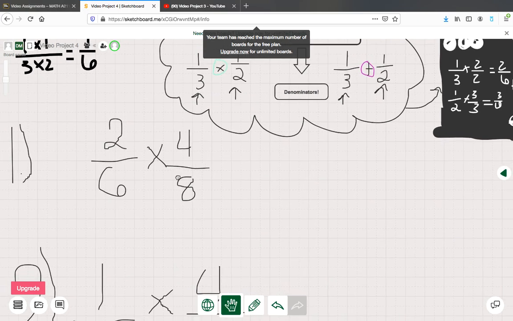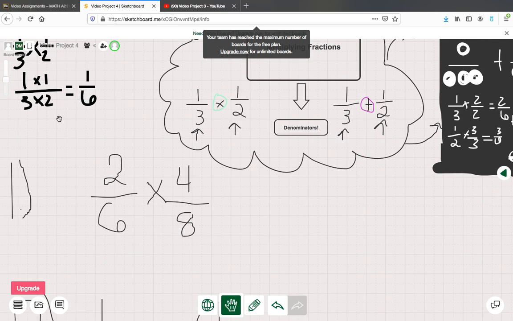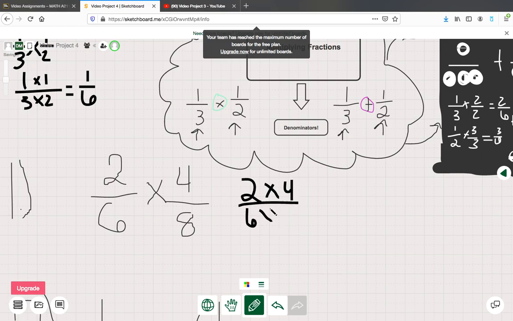So we're going to go down here and practice this skill. So we're going to turn this into 2 times 4 over 6 times 8, which equals 8 over 48.